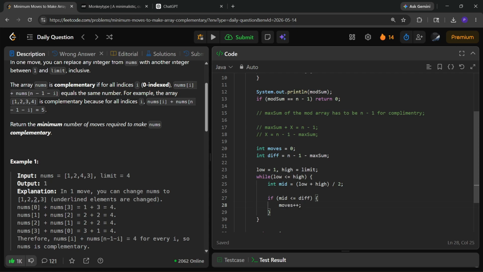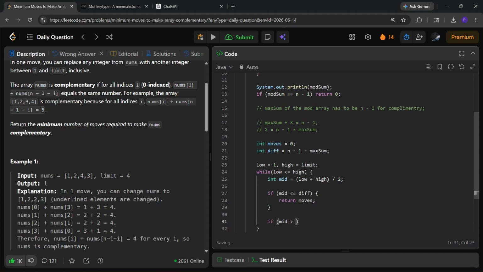Moves plus, and high is equal to. I think I will just return the moves if net is greater than. What am I going to do? What am I going to do? I'm trying to find the nets that ensures this.